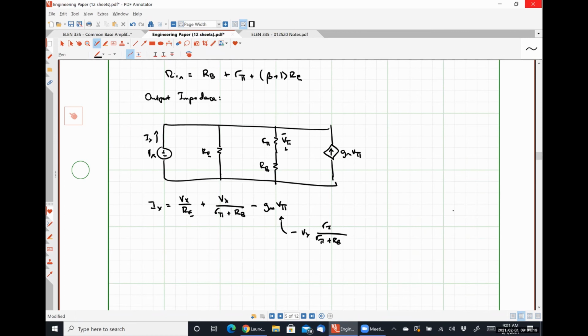So this means that Ix is equal to Vx multiplied by a factor of 1 over RE plus 1 over R pi plus RB plus gm R pi, which is beta, over R pi plus RB.